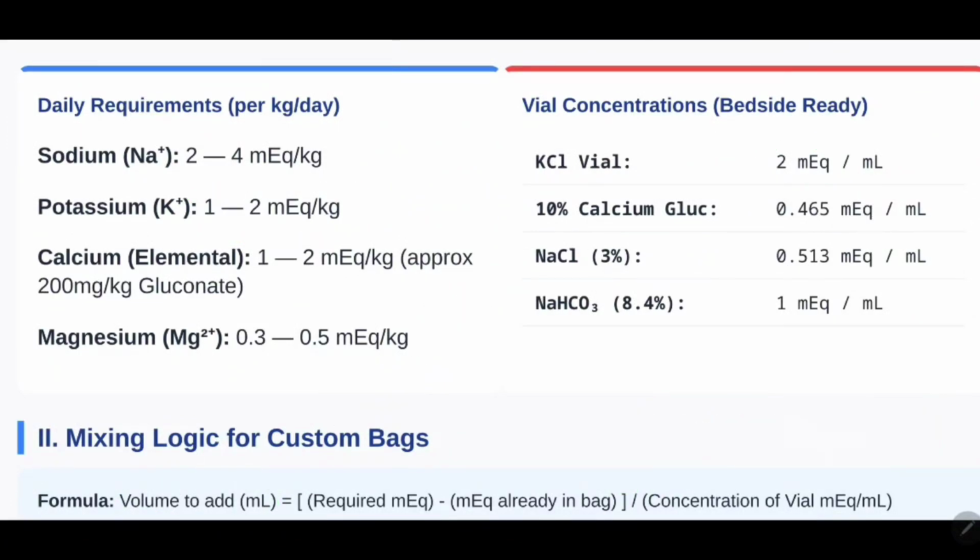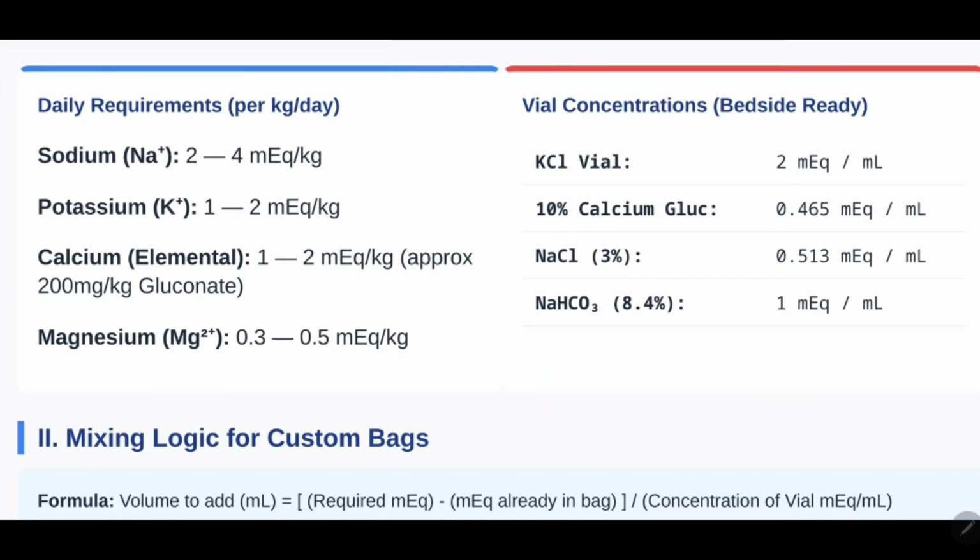Let's say you are giving Isotonic P. Isotonic P has potassium of 20 milliequivalent per liter. If you are giving Isotonic P in a 10 kg child, then the potassium requirement will be met. But Isotonic P is a hypotonic solution. It has a lesser content of sodium and may lead to hyponatremia if given for a longer time.